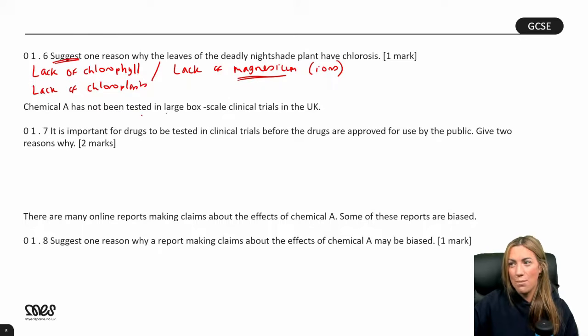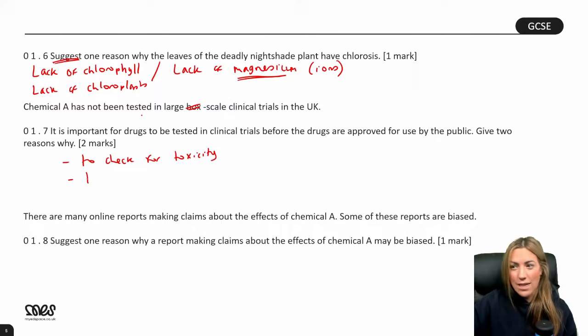Chemical A has not been tested in a large scale clinical trial in the UK. It's important for drugs to be tested in clinical trials before the drugs are approved for use by the public. Give 2 reasons why. So why do we need to carry out clinical trials on any drug? We can say things like to check for toxicity.